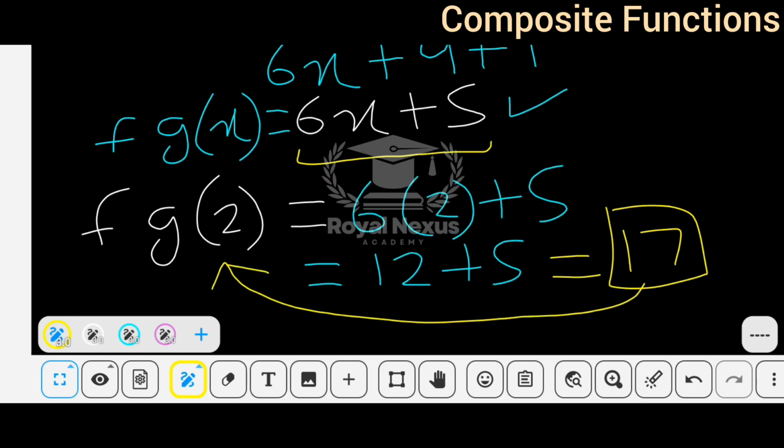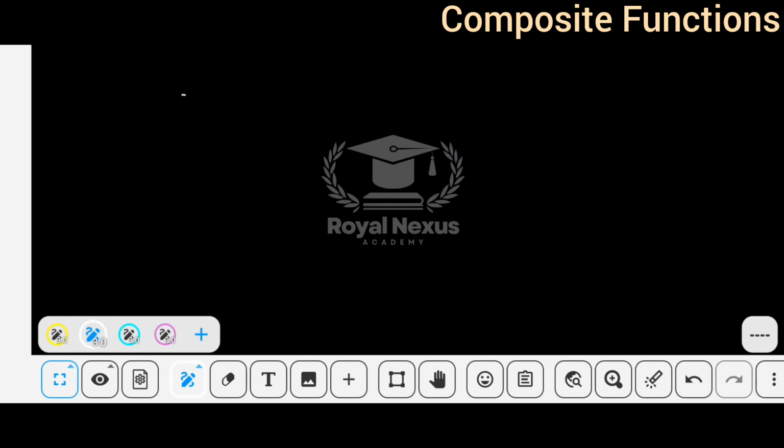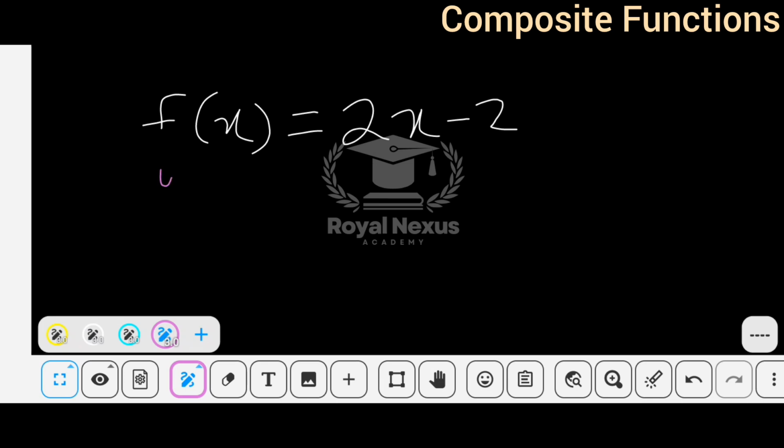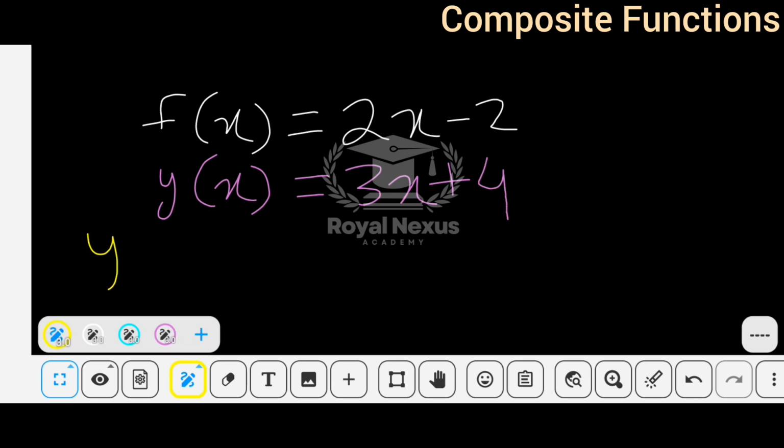Now moving on to a second question. Here again you are given two functions. The first function is f of x equals 2x minus 2. The second function is y of x is equal to 3x plus 4. And you need to find y f of x.